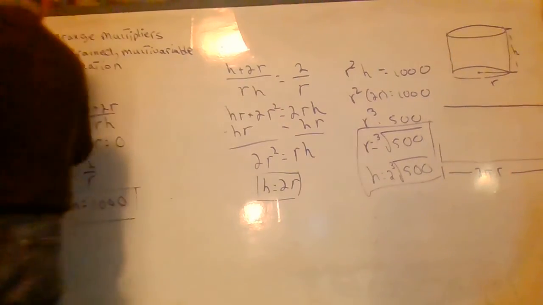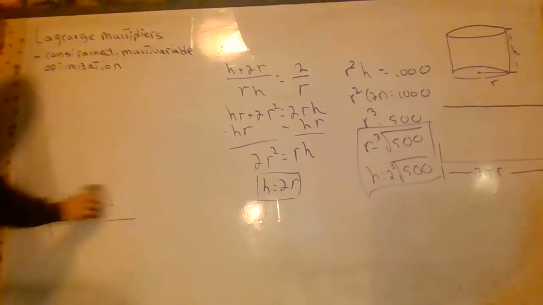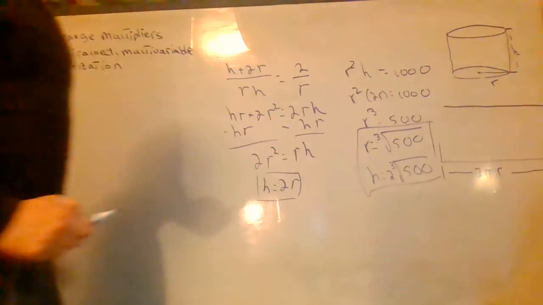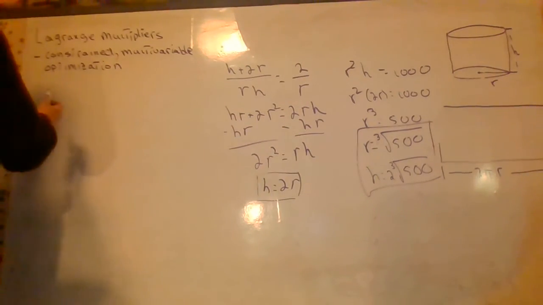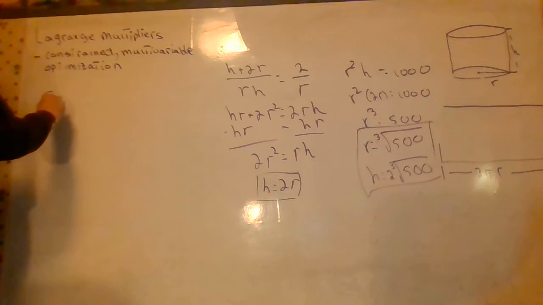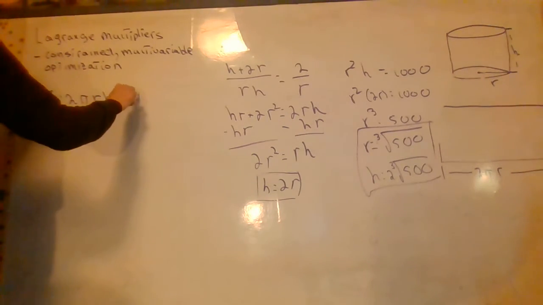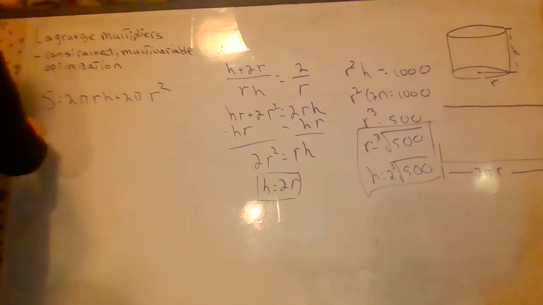So you can calculate that with a calculator. I don't particularly care what it is. We can, if you want, find the surface area, which is 2 pi rh plus 2 pi r squared.